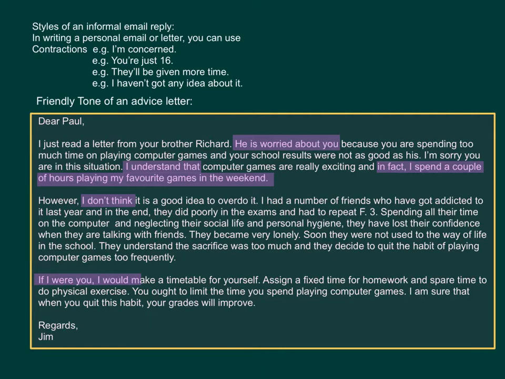They became very lonely. Soon, they were not used to the way of life in the school. They understood the sacrifice was too much and decided to quit the habit of playing computer games too frequently.